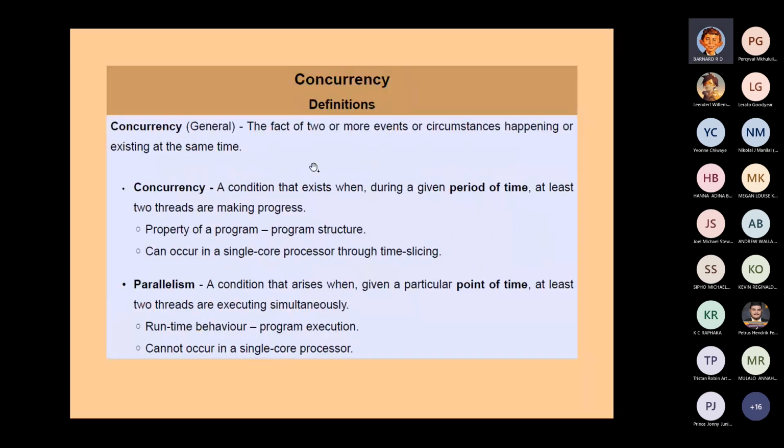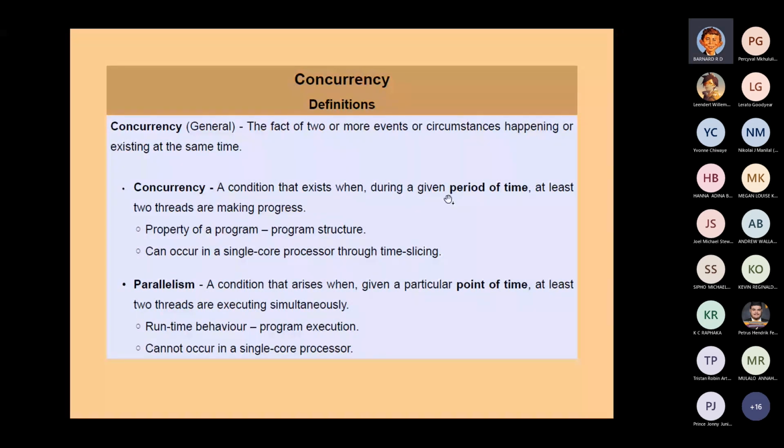Okay, in general, concurrency is the fact of 2 or more events or circumstances happening or existing at the same time. Notice the happening or the existing. There's some subtle differences here when you look at it in more detail. Okay, then more specifically, concurrency is a condition that exists when during a given period of time, and notice this, a period of time, at least 2 threads are making progress.